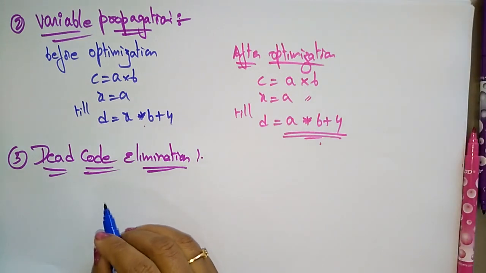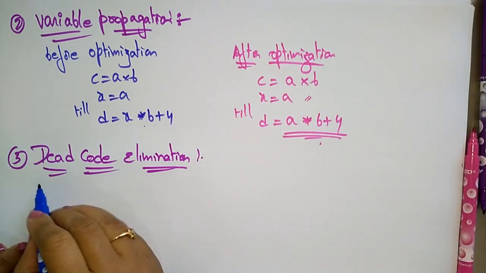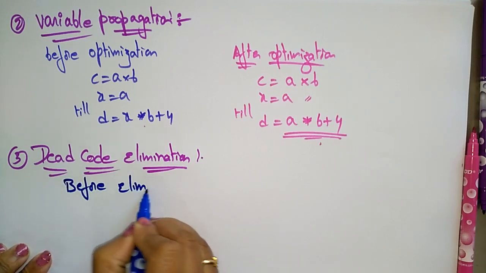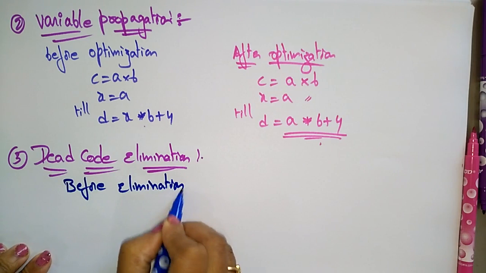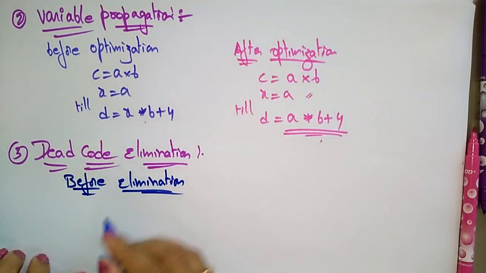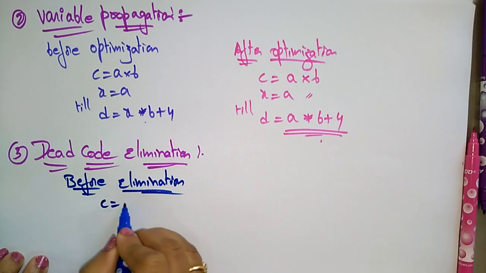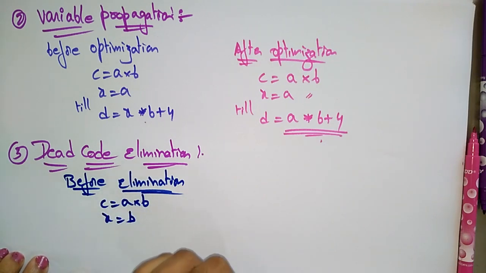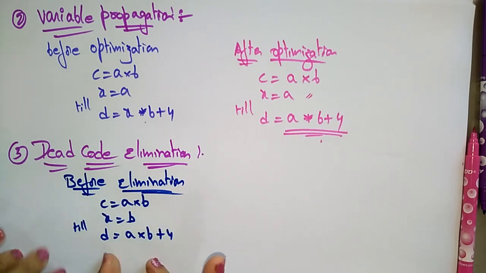Let's take an example for this also. Before elimination, what is the code, and after elimination, what is the code? Before elimination, take the same example: C is equal to A into B, X is equal to B, and till D is equal to A into B plus 4. So this is before elimination.